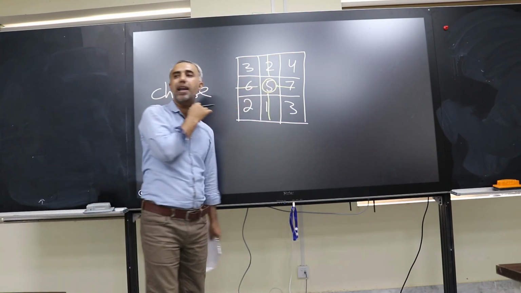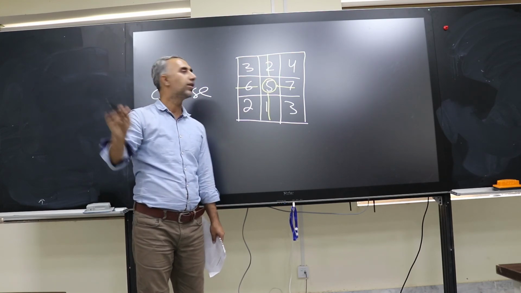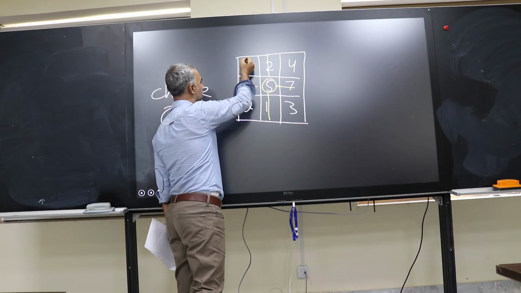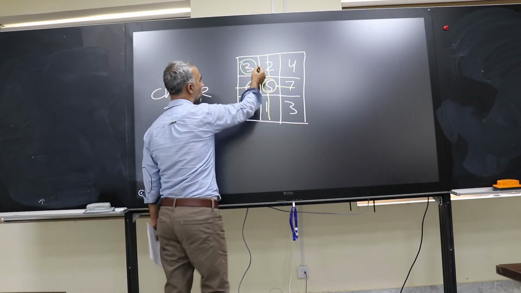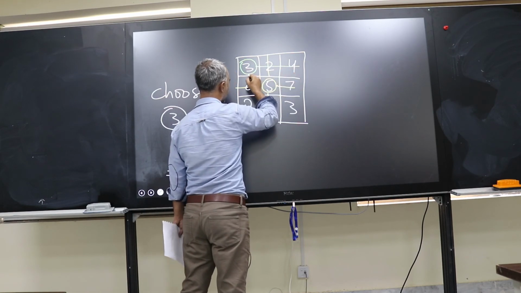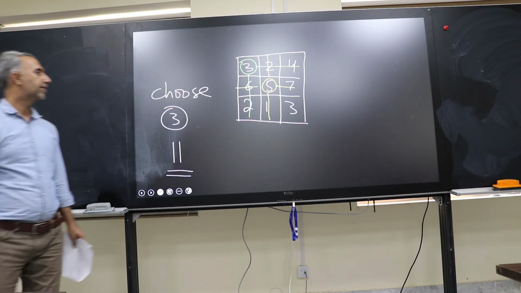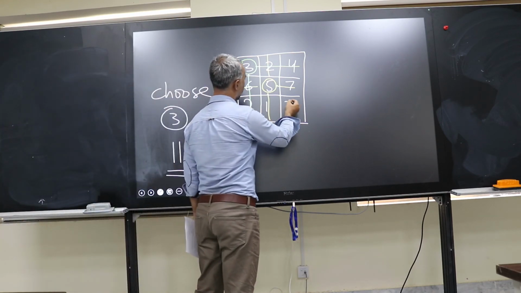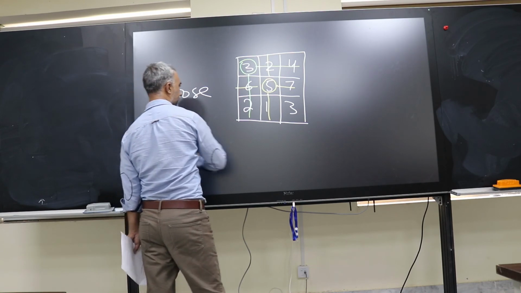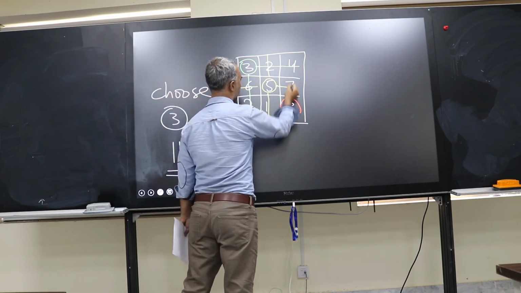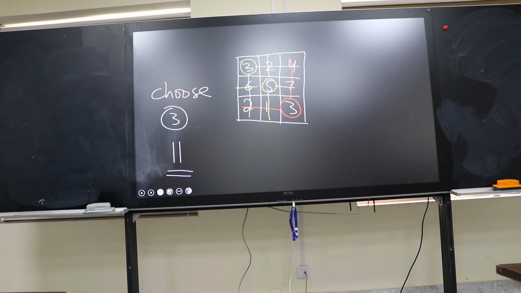One is already eliminated, you don't pick it. 3. So you can add up, you get 11.